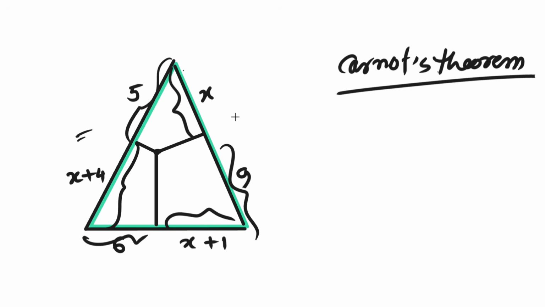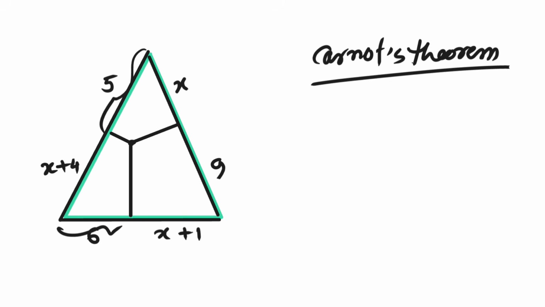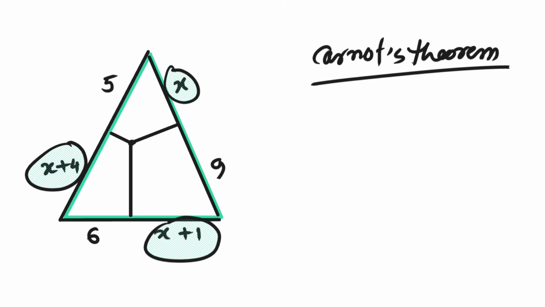So rather than finding any angles or the actual perpendicular distances, we can immediately create an equation using the 6 side segments. The 3 alternating pieces on one side of the equation are 5, 6, and 9, while the other 3 are x, x plus 1, and x plus 4.